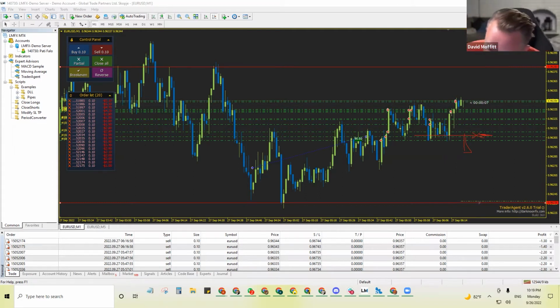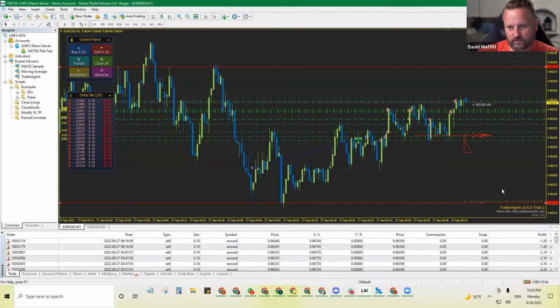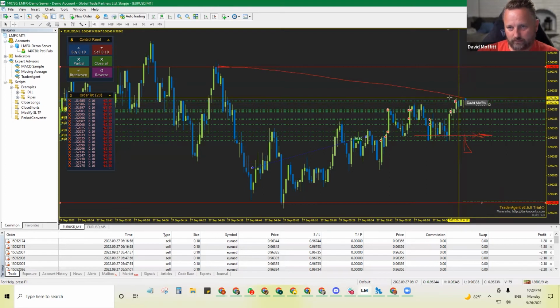So let's see if we can pull this out and have an opportunity to do that. If it does go up, it's only going to go up like another 3 pips. That's not even worth getting into buys to ride it to the top of that. It's only 3 pips.